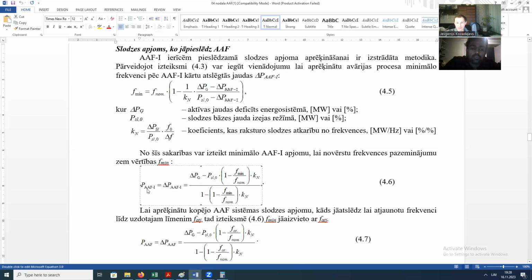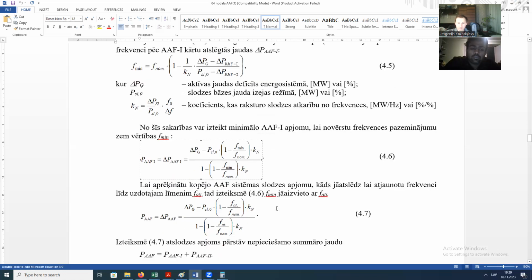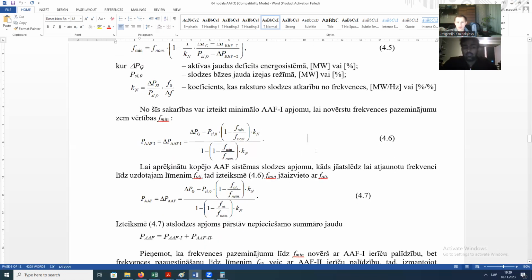And this formula answers this question. In other words, we calculate the same thing. The formulas 4.7 and 4.6 are almost the same. The only difference is the question we're asking.